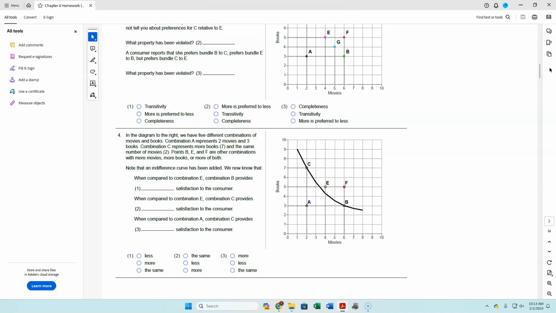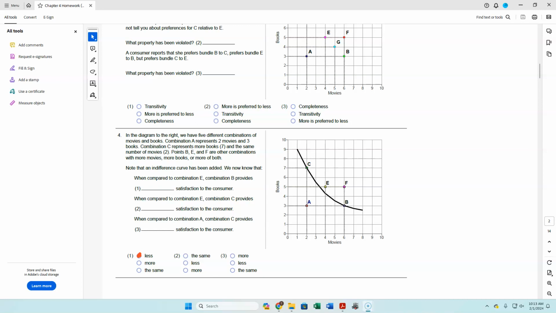Okay, so first, compared to combination E, B would be providing less satisfaction because presumably E would be on a higher indifference curve. So higher indifference curves are more preferred. When we compare combination E to C, same thing.